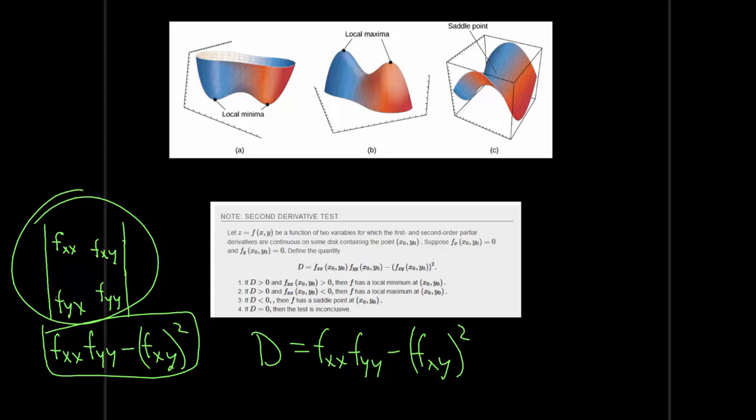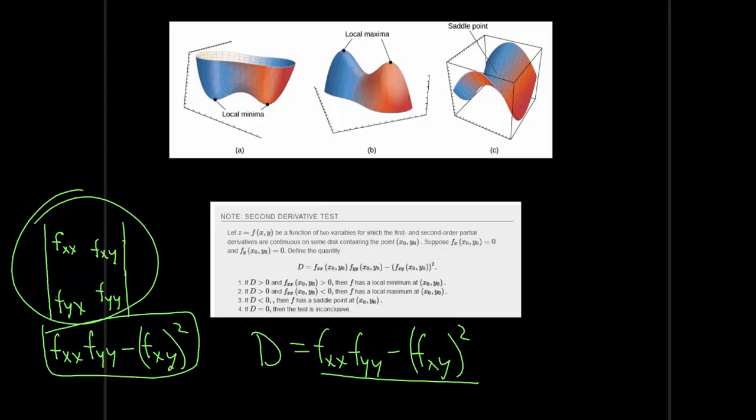But here's what we're going to say. First of all, if D is positive, one of two things has to happen. In other words, if this whole thing is greater than 0, you're either going to have a maximum or a minimum.